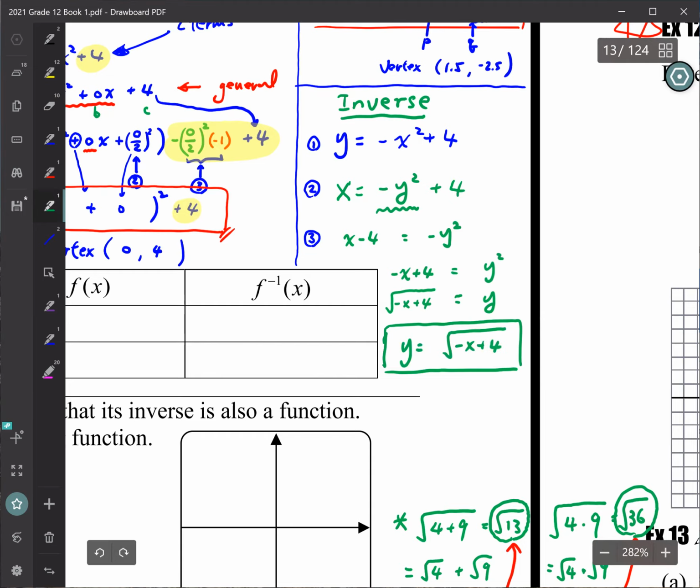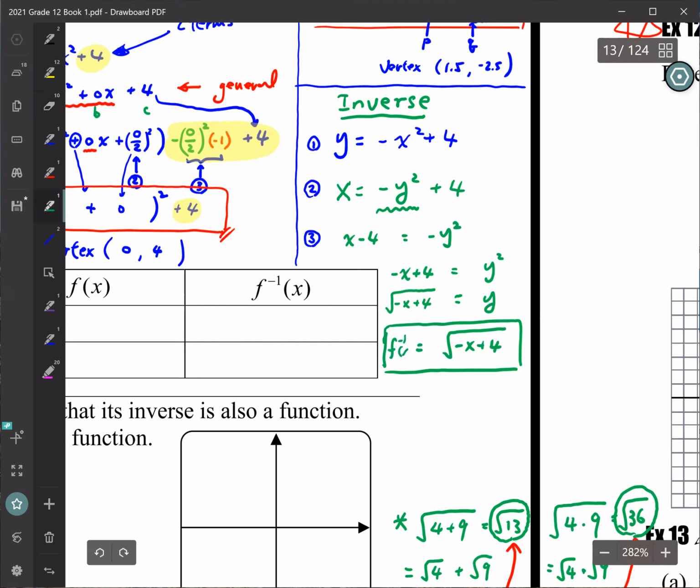Yes, Claire? The f negative, like the f -1 of x. I don't know how to say it. The negative x, like the f, the sign. Oh, the inverse. Yeah, it's okay, but it's not what I'm looking for yet. You can write it out like that.